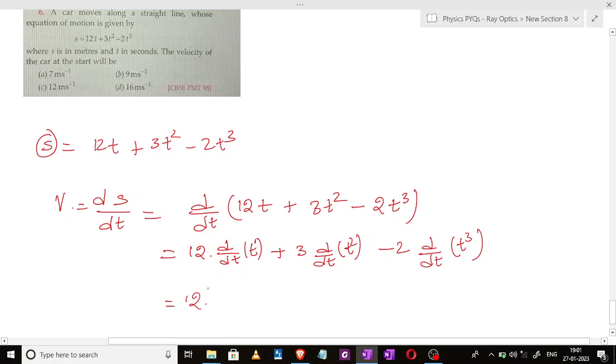The power comes in front: 12 into 1 times t^(1−1), plus 3 into 2 times t^(2−1), minus 2 into 3 times t^(3−1).